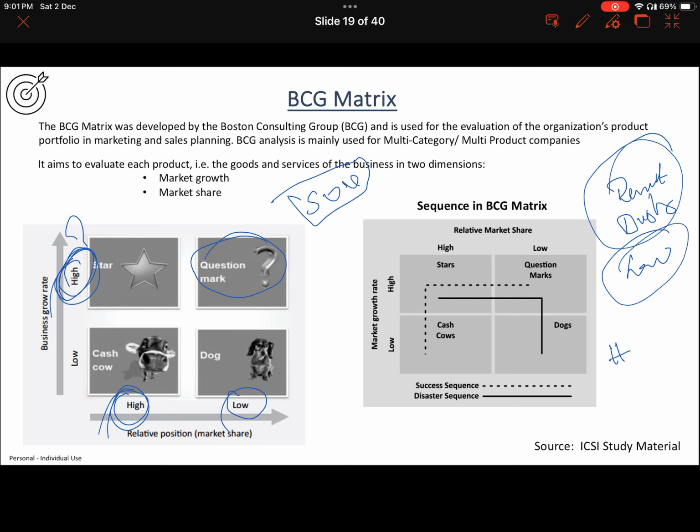In the same way, Honda, which is good in big city cars, is lagging in the SUV segment, and now they have introduced a new vehicle, the Honda Elevate. Otherwise, it is very difficult for them. So their share in the market is very low, but the market for SUVs is growing.